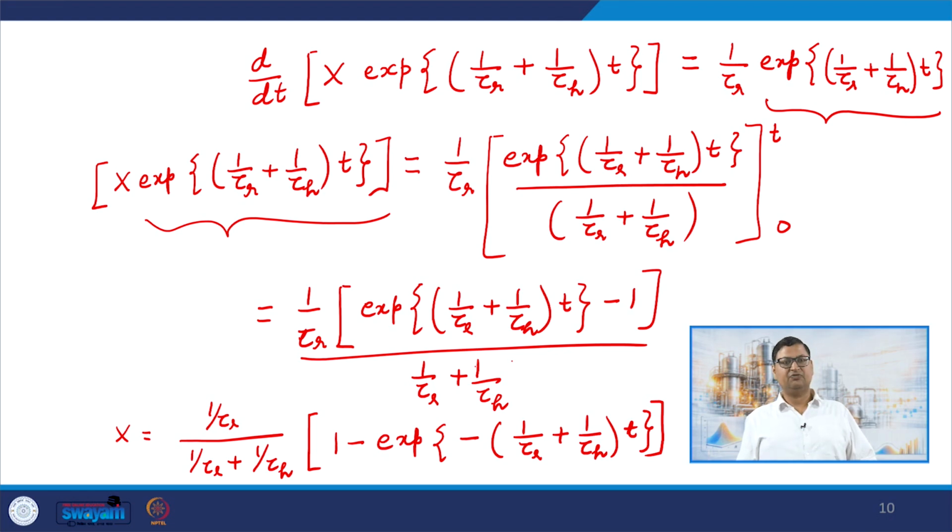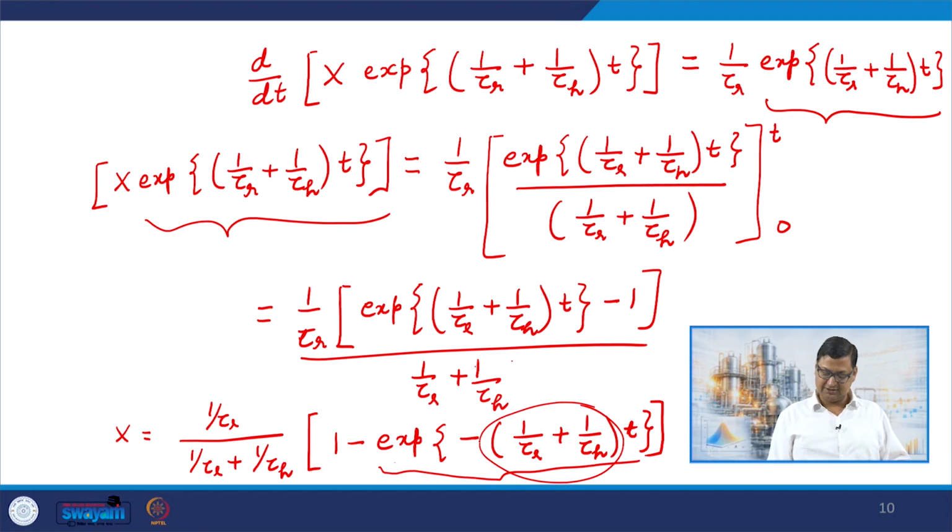And now you can ask, when will we have a steady state? We will have a steady state when the second term here, that contains the dependency on time, goes to 0. That will of course happen for time infinity, but in this case we can assume that once this time is much bigger than the time scale given by the harmonic mean of tau_r and tau_h, a steady state will happen, right.